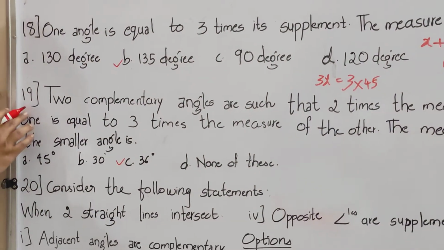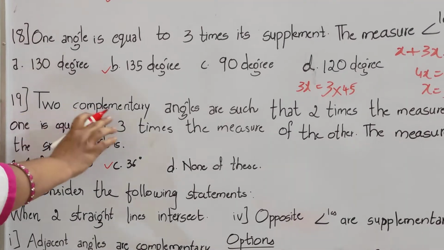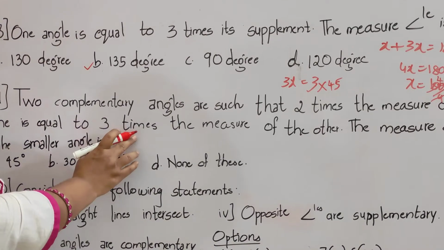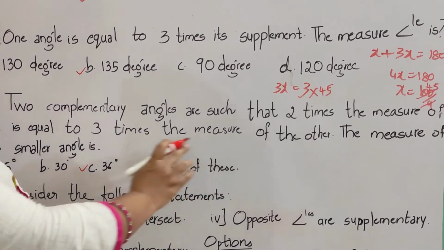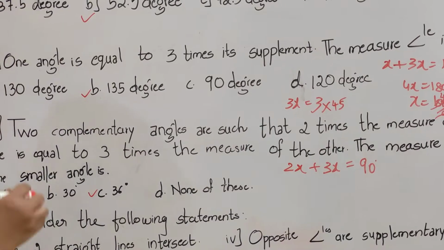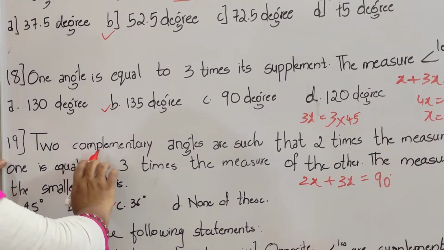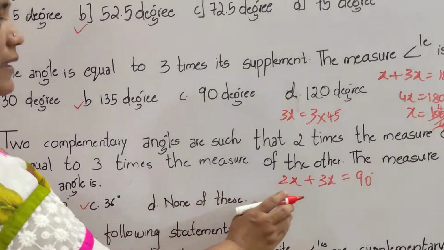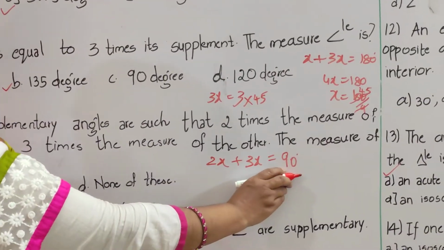Okay. So now the 19th question. Two complementary angles are such that 2 times the measure of one angle is equal to 3 times the measure of the other. The measure of the smaller angle is. So the question says there are two complementary angles, and 2 times and 3 times of them. That is 2x plus 3x is equal to 90 degree.